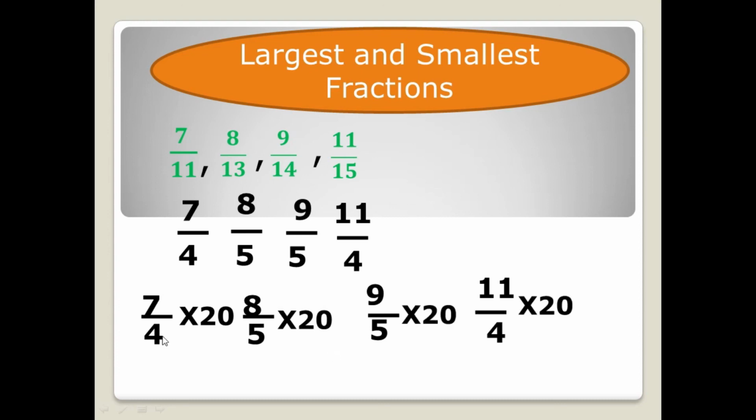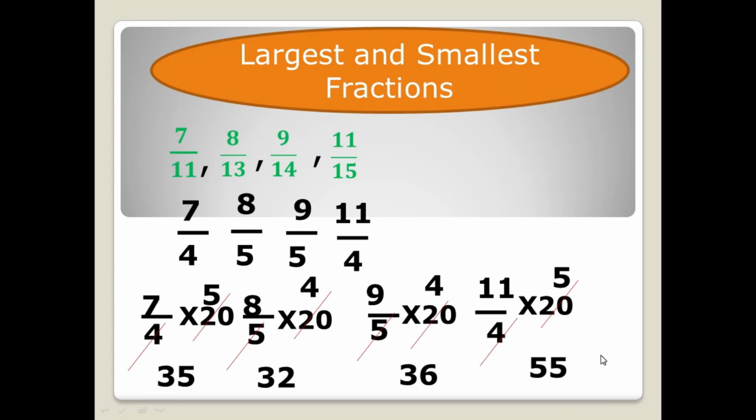Now we can cancel: 4 ones are 4, 4 fives are 20, 5 ones are 5, 5 fours are 20, 5 ones are 5, 5 fours are 20, 4 ones are 4, 4 fives are 20. Now multiply: 7 fives are 35, 8 fours are 32, 9 fours are 36, and 11 fives are 55.